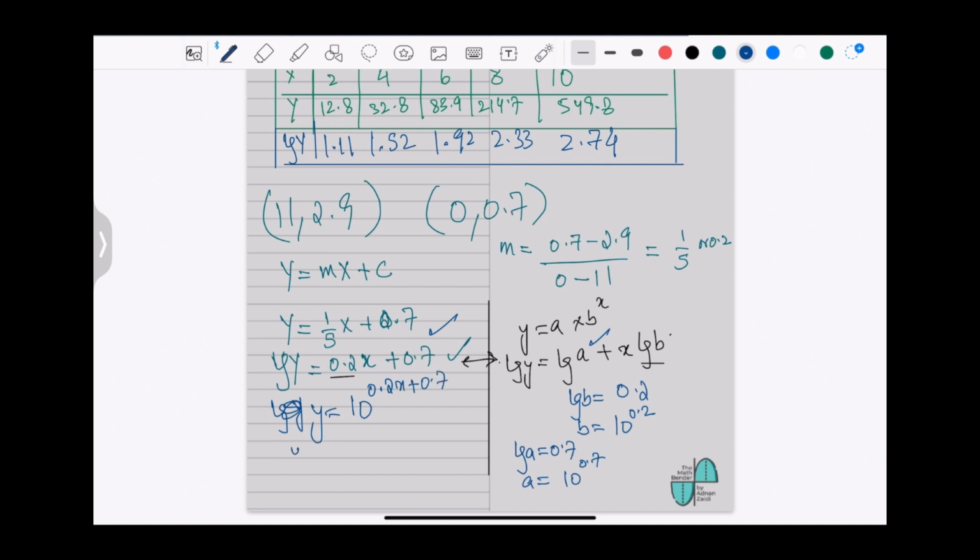Taking the antilog, y equals 10 to the power 0.2x times 10 to the power 0.7. Now can you see that this is a, and to find b, 10 to the power 0.2 whole to the power x is equal to b to the power of x, so 10 to the power 0.2 turns out to be b.